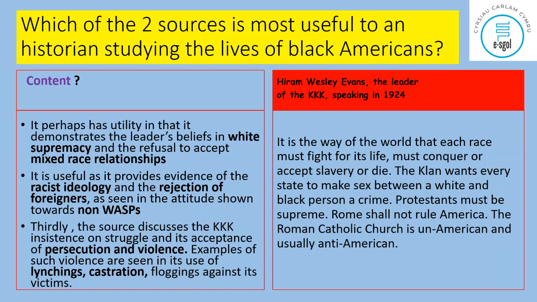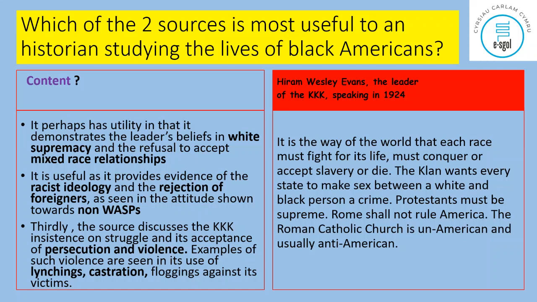WASPs, white Anglo-Saxon Protestants. I'm sure you all remember that one. So white Anglo-Saxon Protestants. So there's the intolerance against non-WASPs. The source also discusses the KKK and the insistence on struggle and its acceptance of persecution and violence and hatred. That's where you might bring in some details.